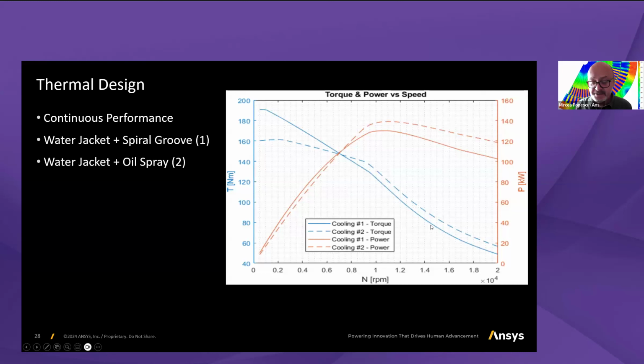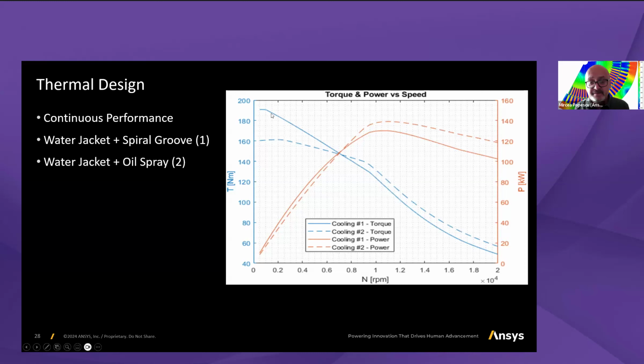The continuous line is the one with water jacket for the stator and the cooling through the rotor, using only one liquid, the ethylene water glycol, and the other one is a combination between two cooling systems, one for the stator water jacket and the oil spray liquid coming from the rotor through nozzles and spraying over the stator end winding.